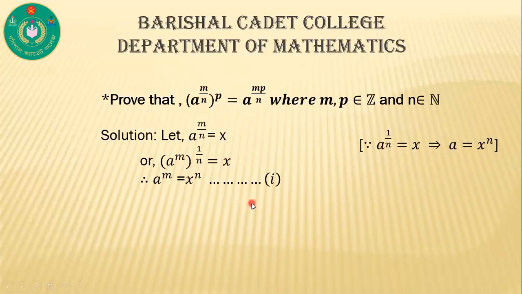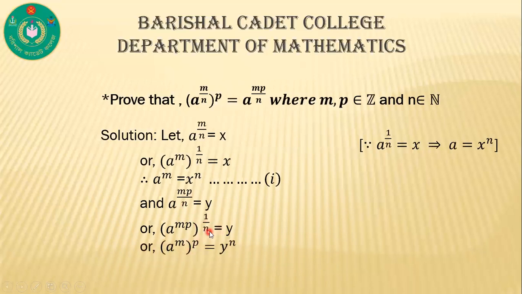This is number 1. And let a to the power mp by n is equal to y. Then we can write a to the power mp into 1 by n is equal to y. Same formula here we use. Then we can write a to the power mp is equal to y to the power n.